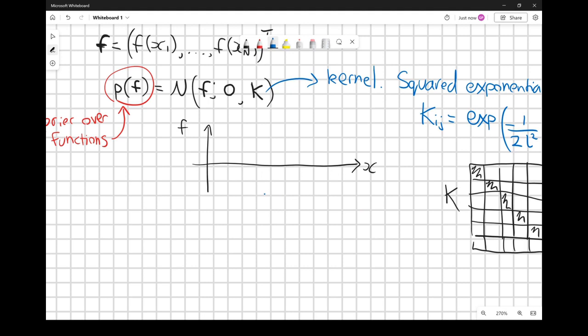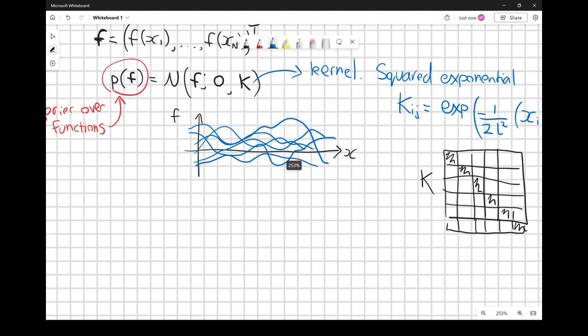what this actually means is it's inducing smoothness, because points that are close to each other on the x-axis are more correlated than points that are further away. So in reality, this ends up in the proposal of some relatively smooth functions.